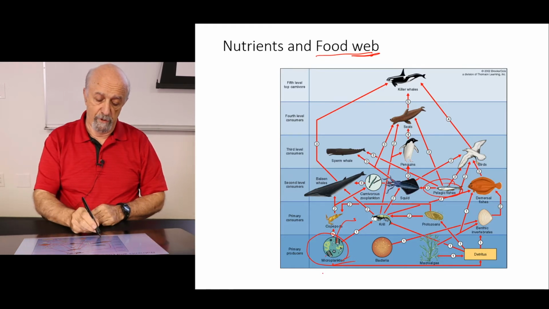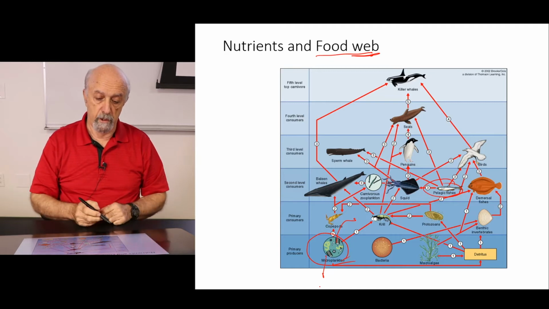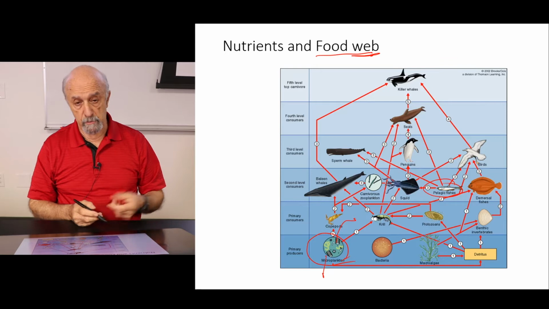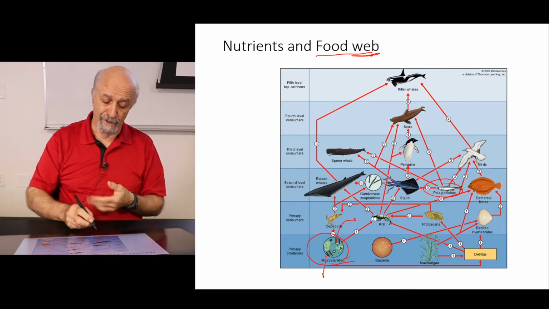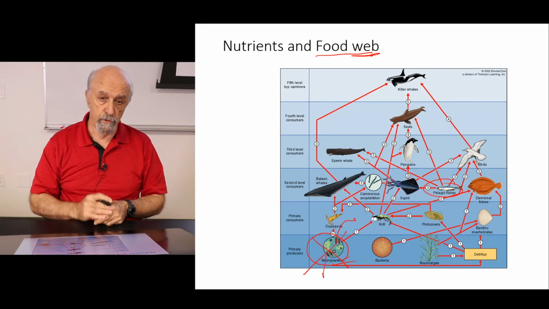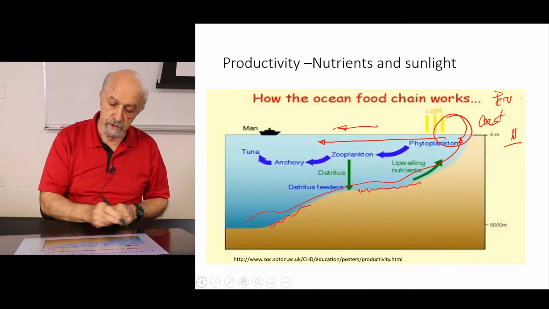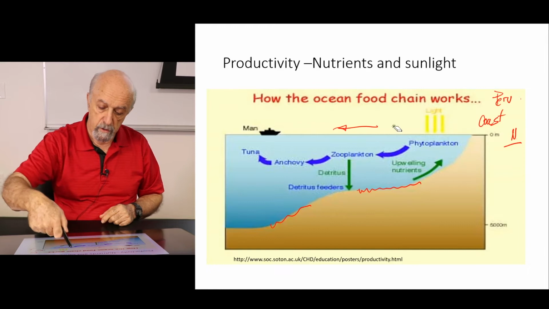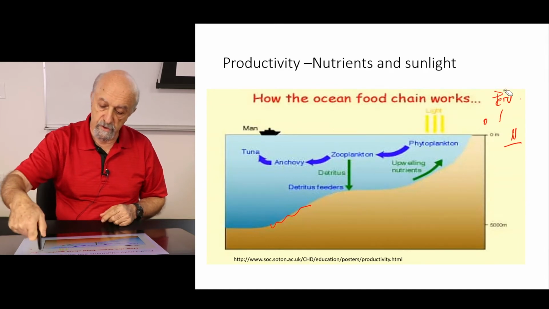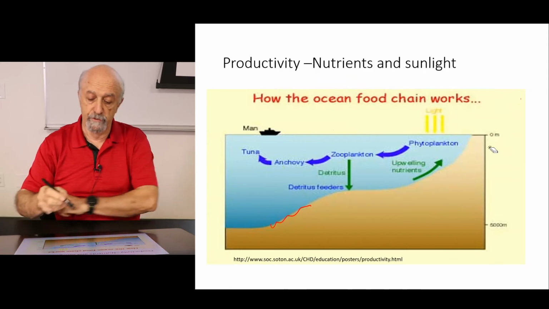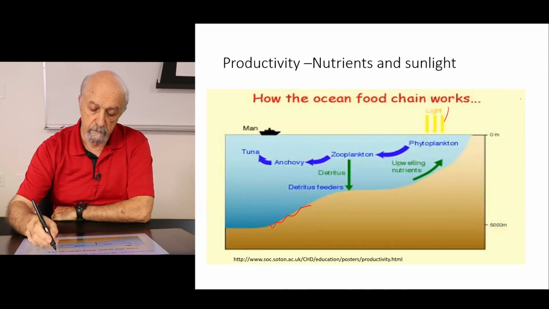So if phytoplankton is doing well, everybody else is doing well. And the opposite is true. Phytoplankton is no longer produced because of the conditions for producing a good amount of phytoplankton, we need light. This is light.